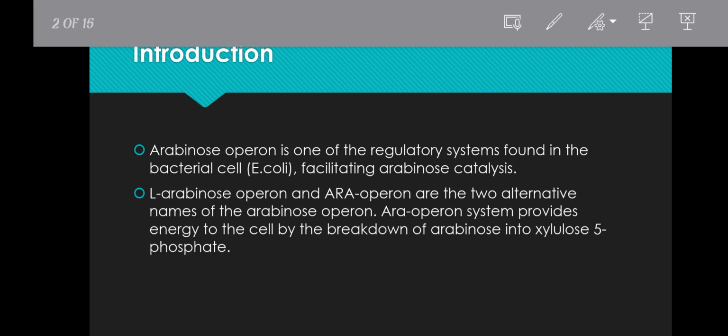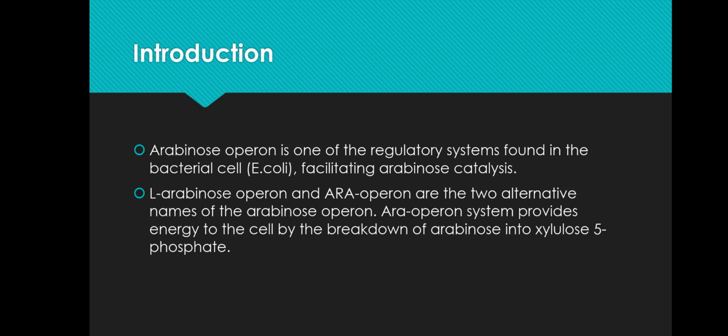Arabinose Operon is one of the regulatory systems found in bacterial cells, and this regulatory system is also called L-arabinose operon and Ara operon. And Ara operon system provides energy to the cell by breaking it into xylulose 5-phosphate.